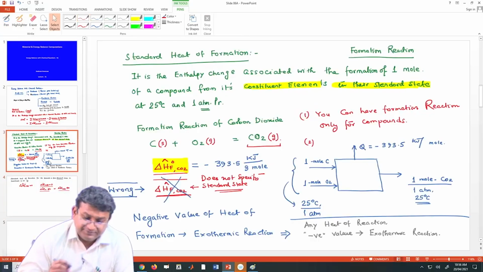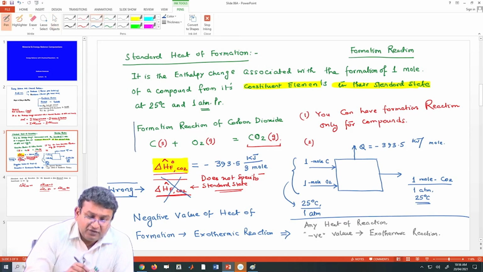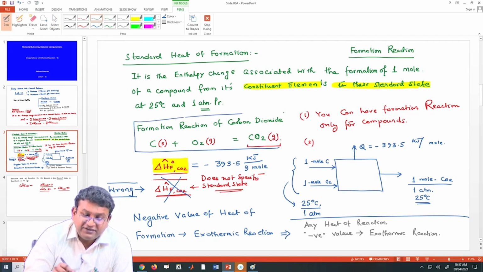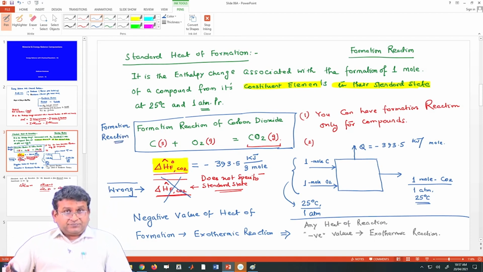So, this type of a reaction is known as the formation reaction, right, where we talk about the formation of a compound in its standard form at 25 degree centigrade and 1 atmospheric pressure from its elements in their respective standard form, at 25 degree centigrade and 1 atmospheric pressure.